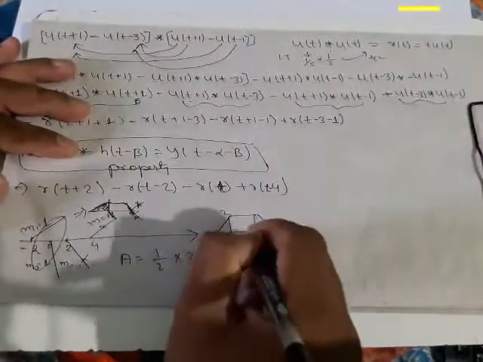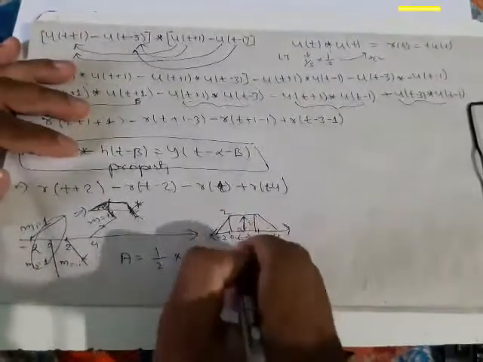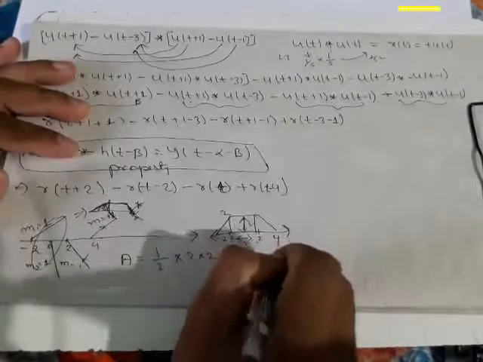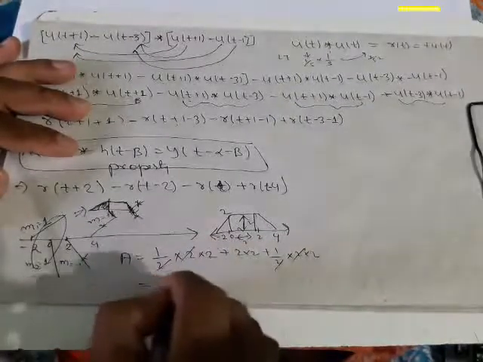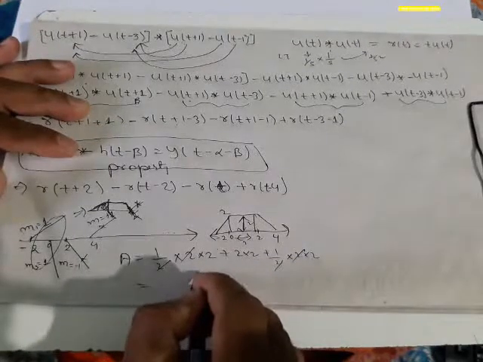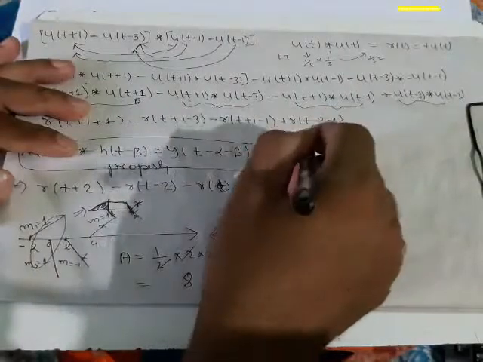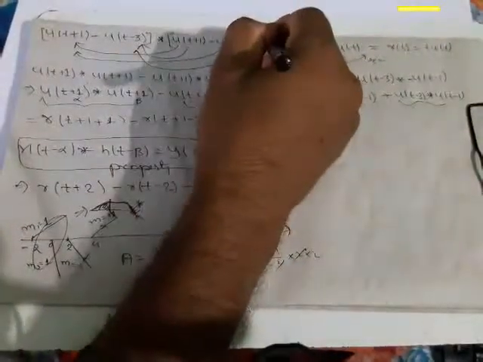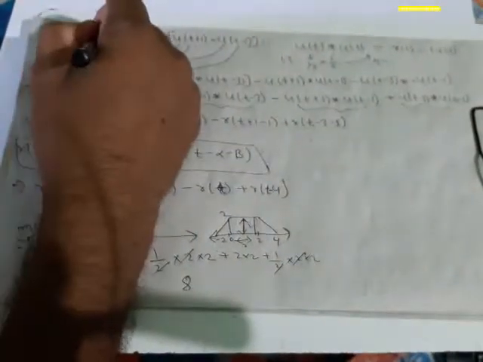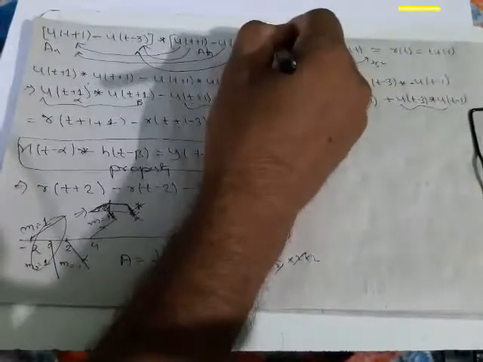So the lower limit is 1 by 2 minus 1, that is minus 1 by 2, and the upper limit is 3 by 2 plus 1, that is 5 by 2. Okay, we can calculate the area of this one.